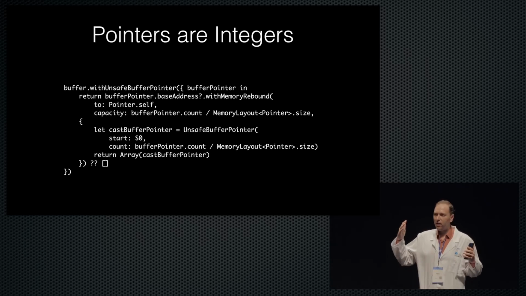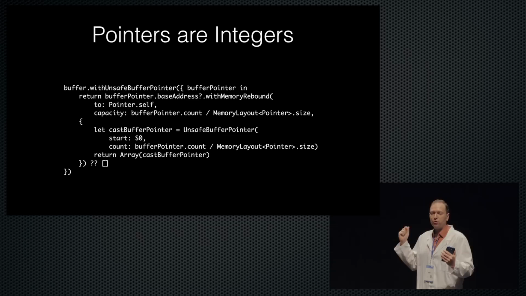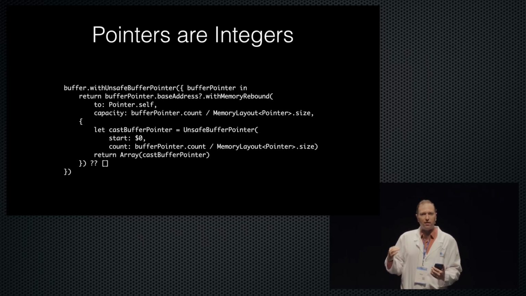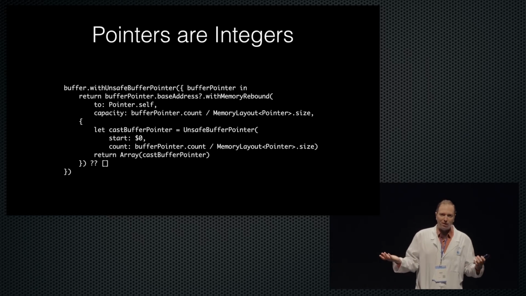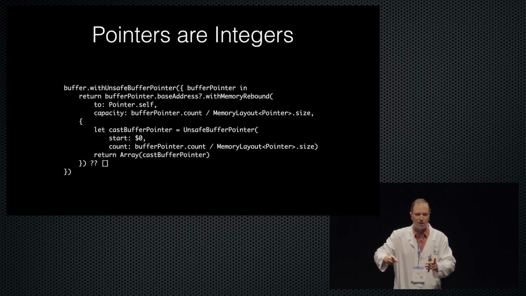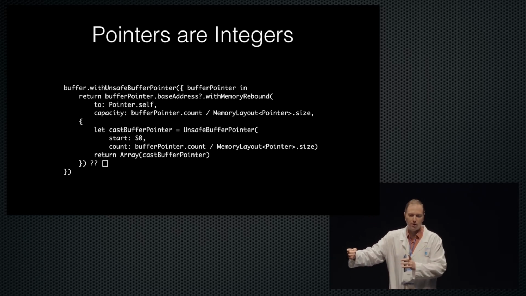We take this array of bytes and we say, instead of treating it as an array of bytes, give me a pointer to its contents and treat it as a pointer to pointers, okay? Which means that we can essentially go through and read the first pointer-sized chunk, read the second pointer-sized chunk, read the third pointer-sized chunk.